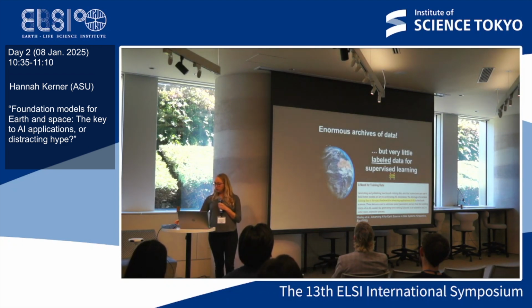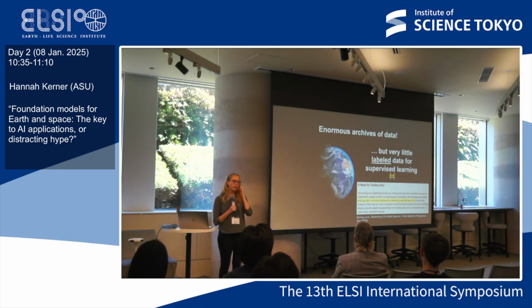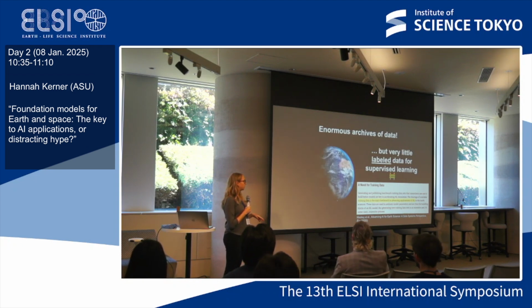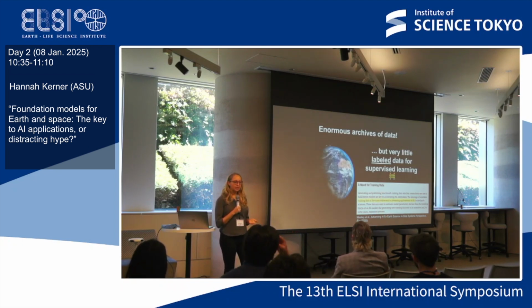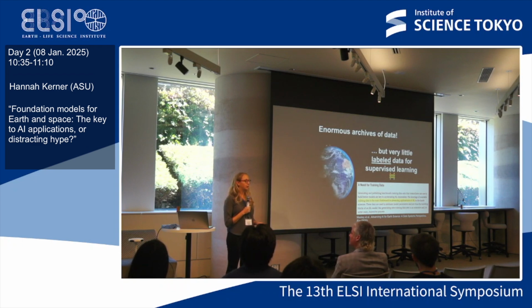So all of this is enabled by a huge amount of data, but everything that I've talked about so far has been using something called supervised learning in machine learning. Who is familiar with the term supervised learning? Okay, so supervised learning is how often we learn as humans, but it requires something called labeled data.